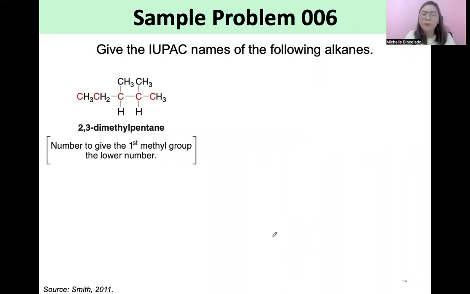Tapos baka isipin nyo, ba't hindi tayo nag-start ng counting ng carbon sa left side para siya ay maging 3, 4? Guys, ang rule kasi dapat gagamitin ninyo yung lowest possible numbers for the substituents. Kasi, syempre, paano kung iba yung counting mo, iba yung sa akin? Then, maybe, magkaiba tayo ng compound na pinare-refer, pero isa lang pala.